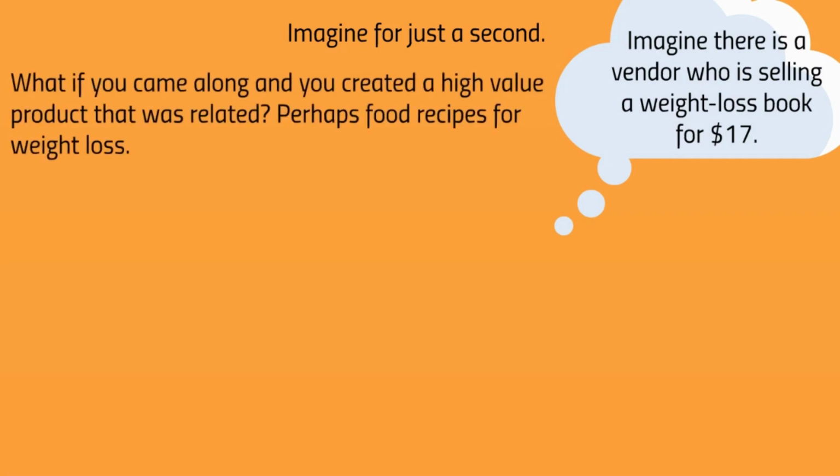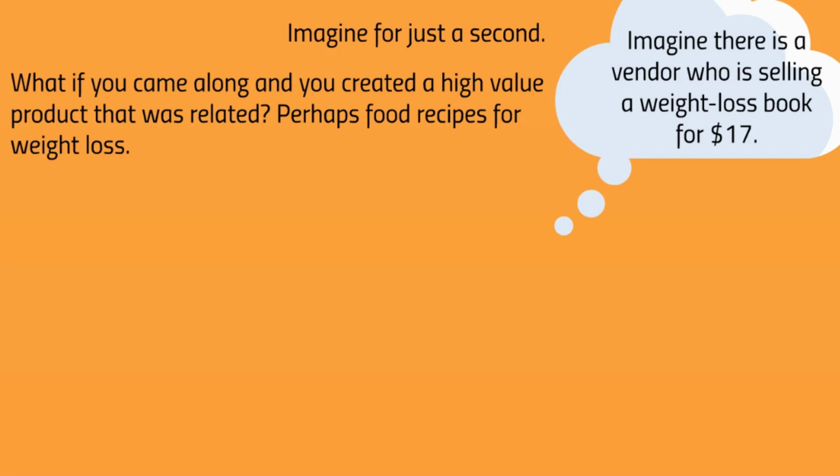What if you came along and you created a high value product that was related? So that book talks about weight loss, maybe weight loss training, cardio exercises, and all that, but it talks nothing about food or diet or anything like that. So you come along and you find these vendors that are really focused on this particular aspect, or anything that is not related to food.